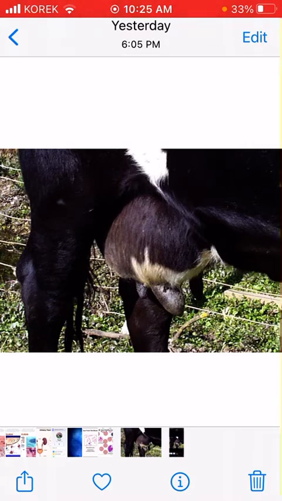I will explain about common bacterial infections and mastitis. First, streptococcal mastitis is caused by Streptococcus bacteria species. They are gram-positive bacteria, of course. It's characterized by the inflammation of the mammary gland.